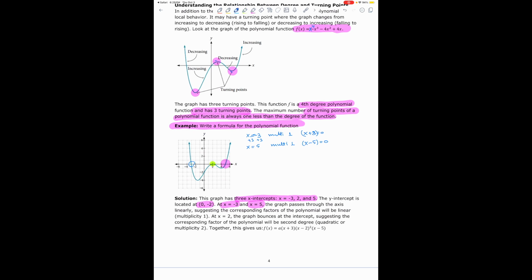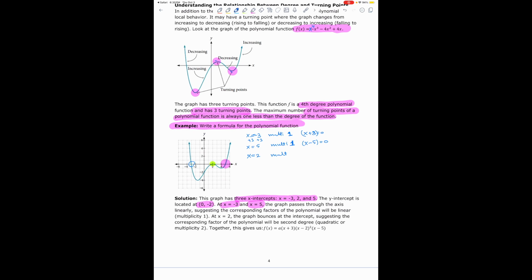So I'm going to say x equals 2 has a multiplicity of, let me see here, before I decide whether it is 2 or 4 or another even number, I need to determine the degree of this polynomial first. By looking at this graph, it has 3 turning points, which means the degree is turning points plus 1.